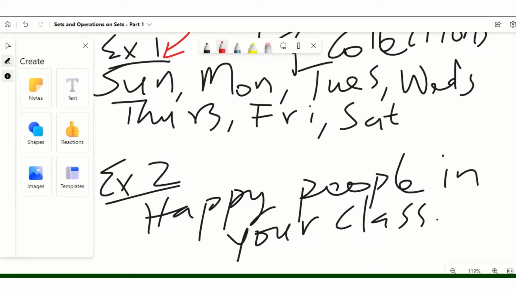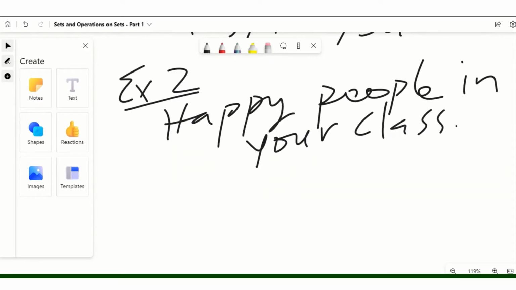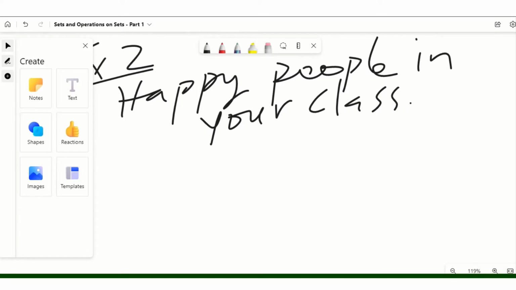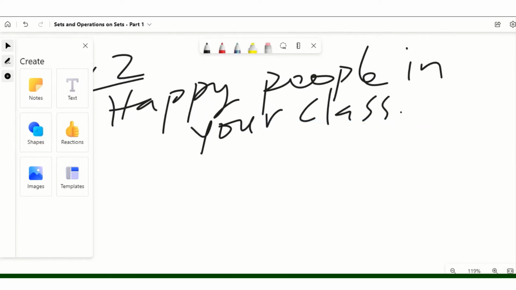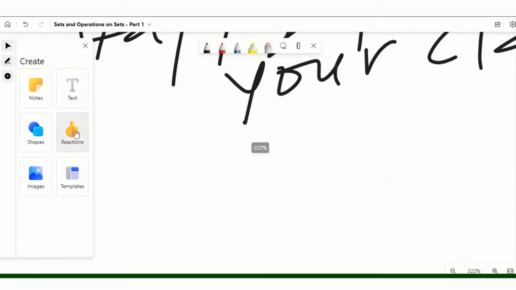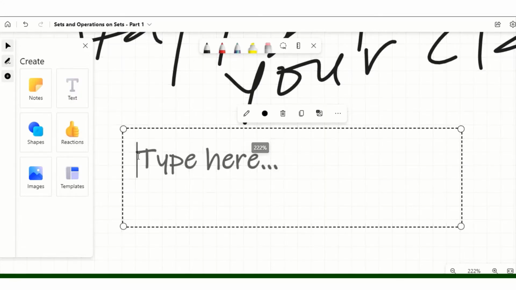So what we are trying to say now is that in defining a set, it has to be a well-defined collection of objects of the same kind. Let's write that down. Okay.